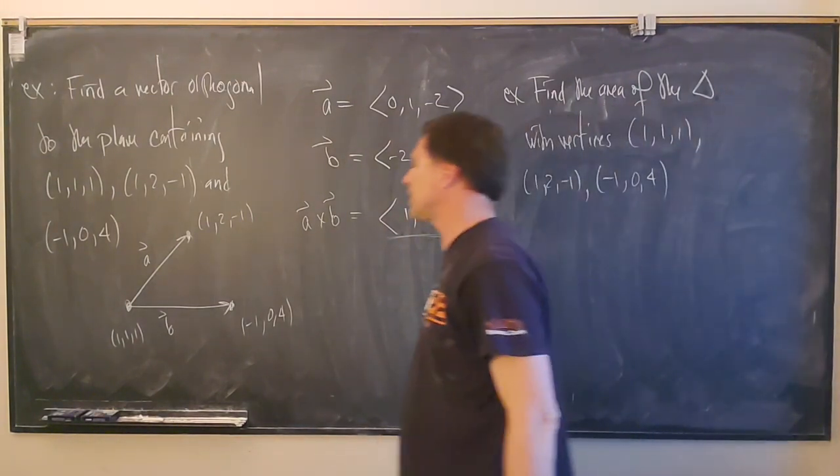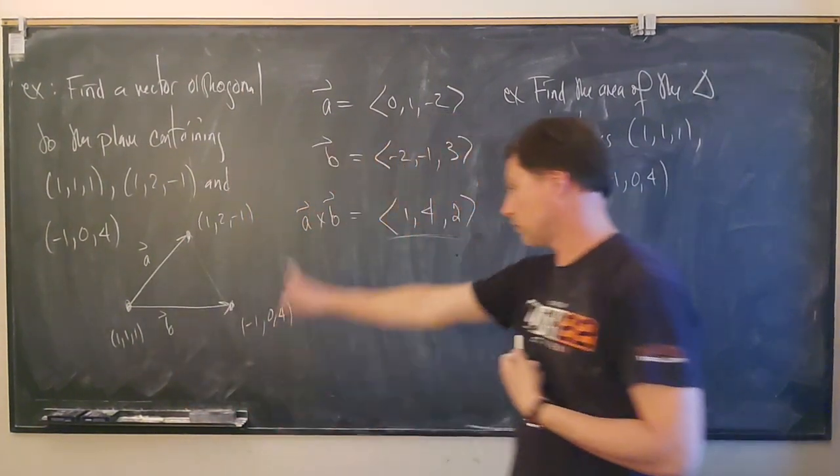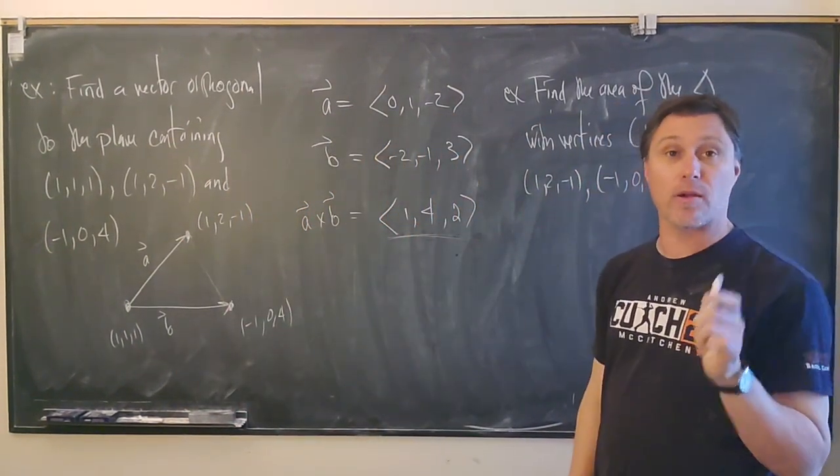So it's basically the same picture here, except we've got a third leg of the triangle, and we would like to find the area.